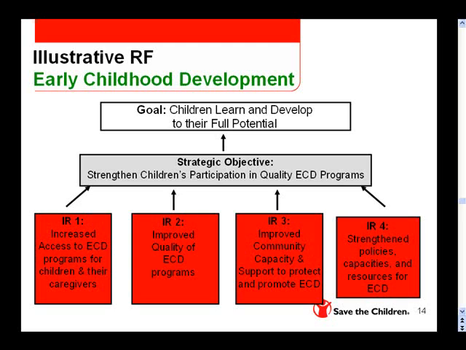The 4 intermediate results again relate to increased access to ECD programs for children and their caregivers, improved quality of those ECD programs, improved community capacity and support to protect and promote ECD as part of intermediate result 3, and strengthening policies, capacities, and resources for ECD programs as part of intermediate result 4.